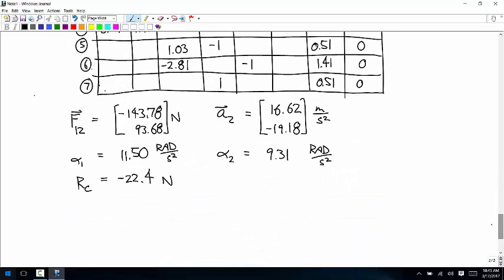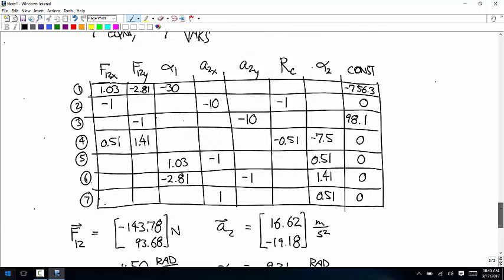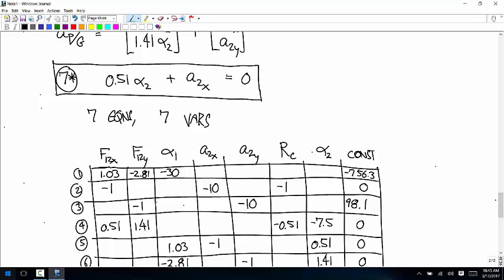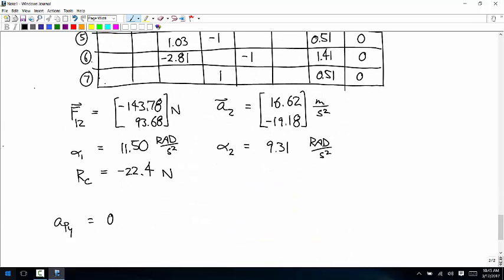So APY is equal to 0.51 alpha 2 plus A2Y, which is 0.51 times 9.31 minus 19.18. Can someone calculate that?